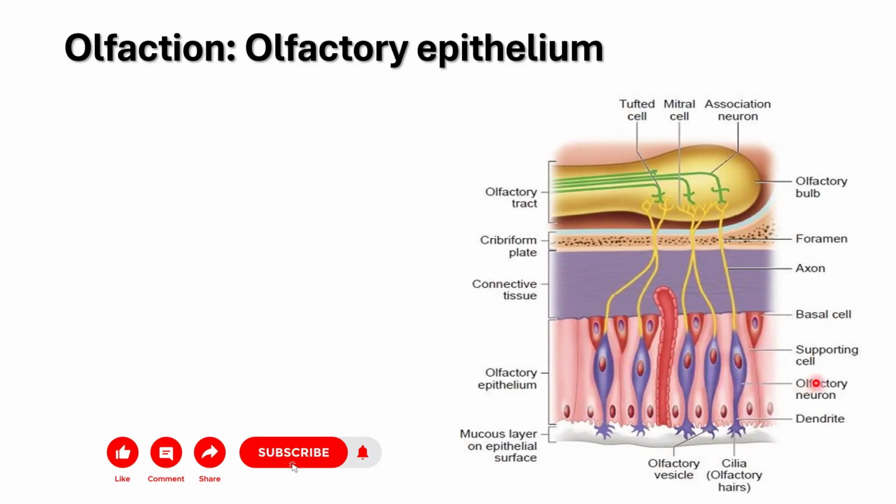It has various cells, which we'll describe in a few minutes. Then it will have olfactory nerves, as you can see there. Then you have the cribriform plates, and here you have the olfactory bulb, and you can appreciate the mitral cells, which act as cells of synapse.